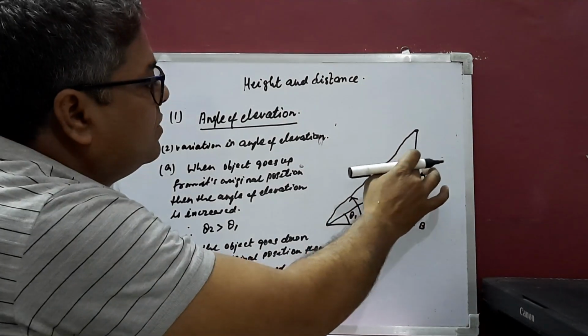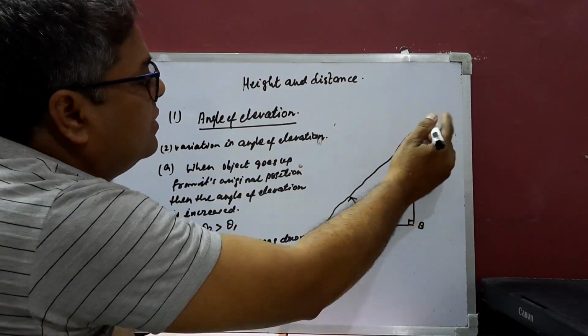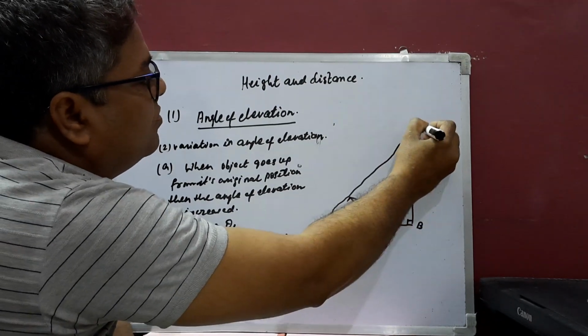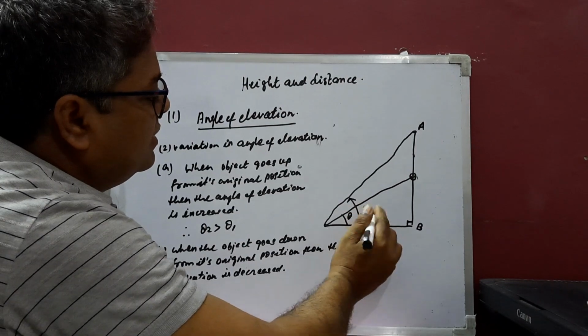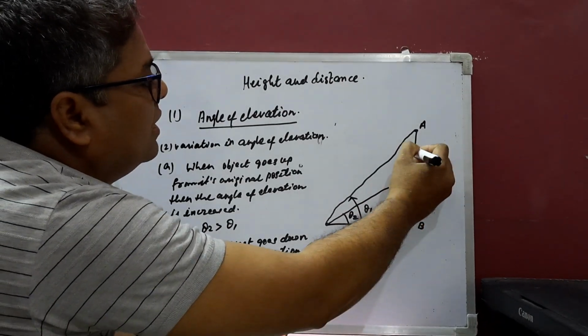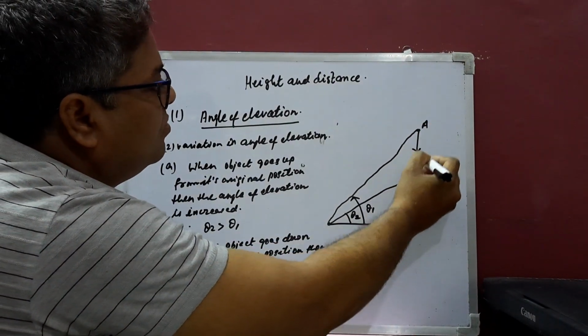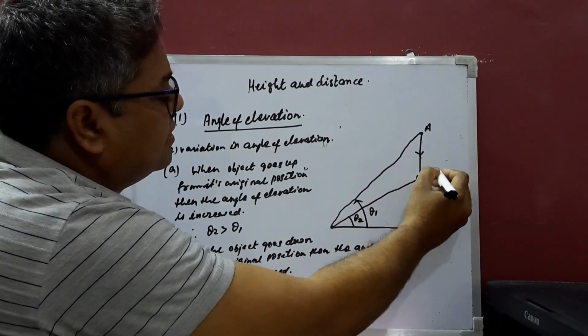For example, in this figure, this is the original position A, and this is theta 1 and this is theta 2, and the object has come down from A to C here.